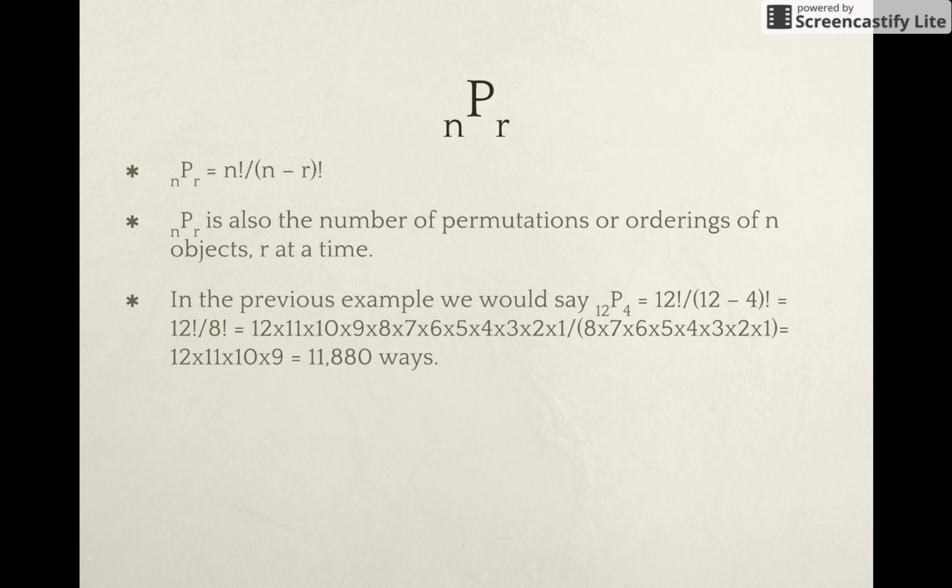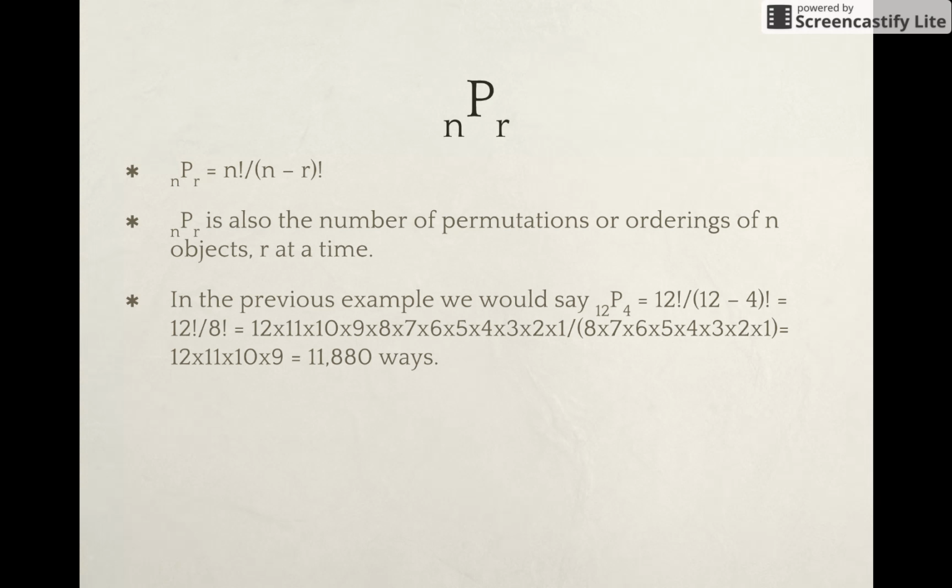Let me introduce to you the notation and the definition of nPr. Okay, nPr, you'll notice the n and the r are subscripts here. And the definition here is n factorial divided by n minus r factorial. But this corresponds to the number of orderings or permutations of n objects taken r at a time.